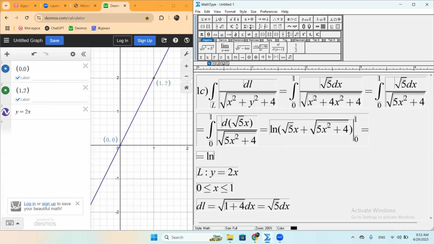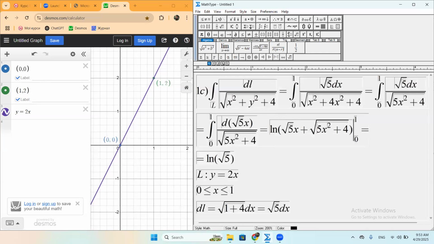And what do we have here? The logarithm of square root of 5 plus 3 minus the logarithm of 2. And actually that's it. We calculated the integral.